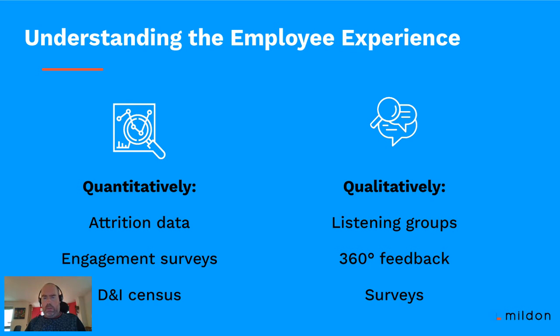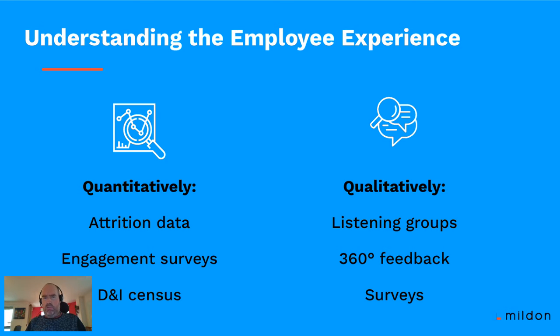So really, when it comes to understanding employee experience, we need to have a balance of both quantitative and qualitative feedback. On the quantitative side, this is just a short list of what is possible, we can look at attrition data, for example. But looking at attrition data through different lenses.